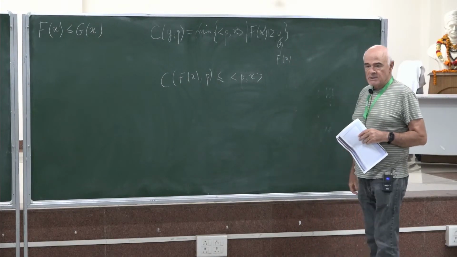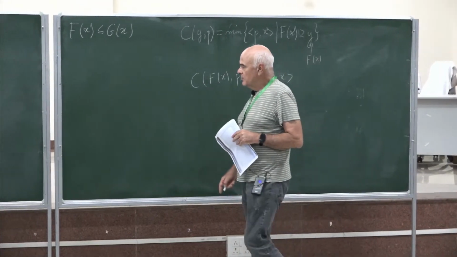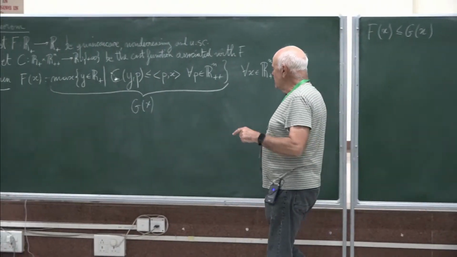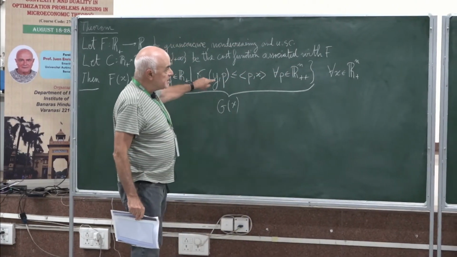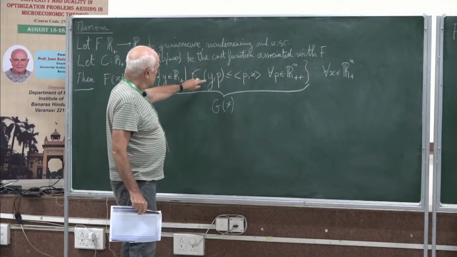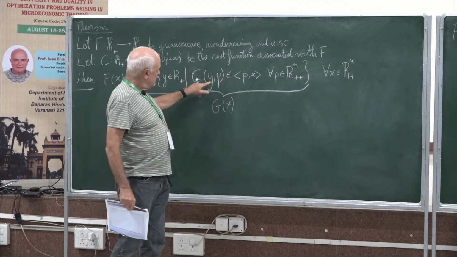So we have this inequality, and this means that we have this inequality for f of x for every p.